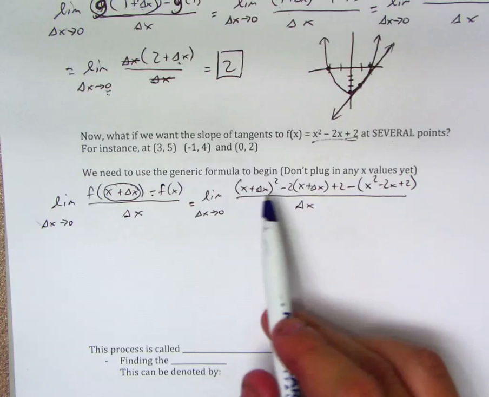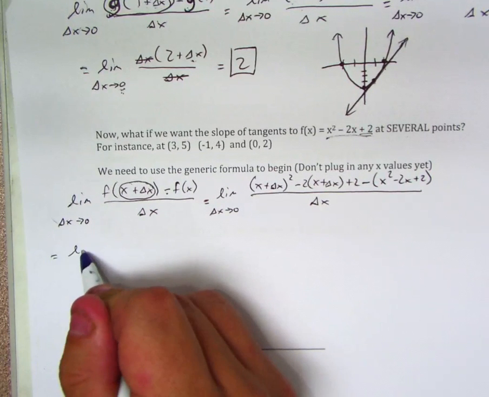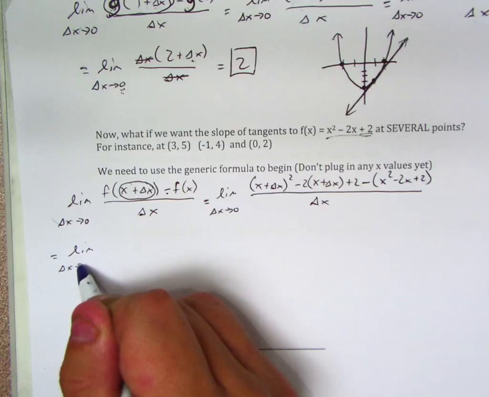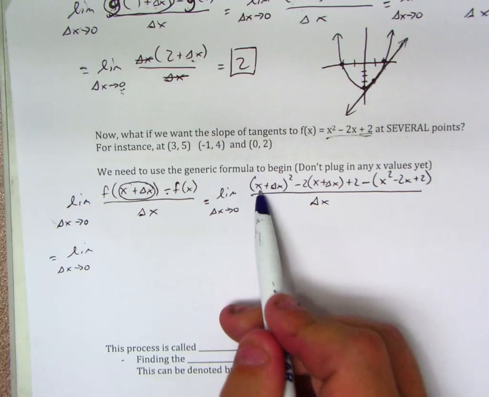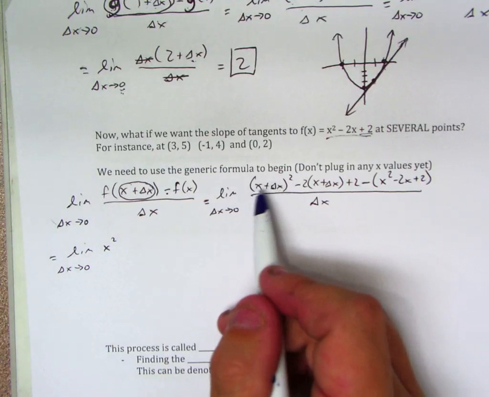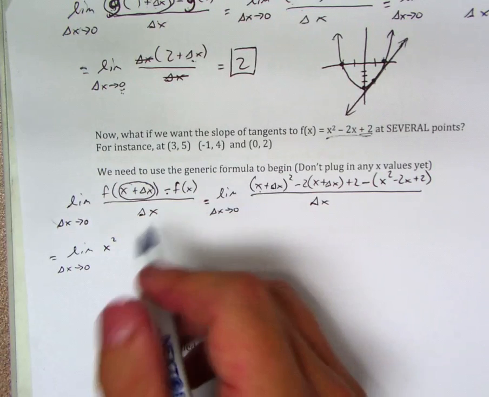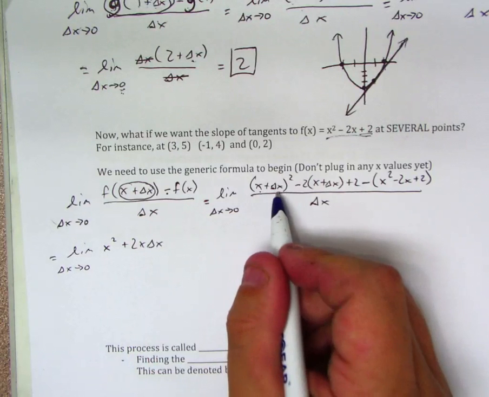Okay, well, let's do some algebra, all right, to clean this up. So limit, as delta x approaches 0, we want to square this quantity. So again, I'm going to use that shortcut. Square the first, take the product and double it. So the product would be x delta x, double it. So 2x delta x. And then square delta x.